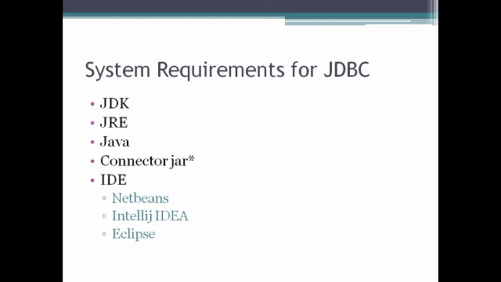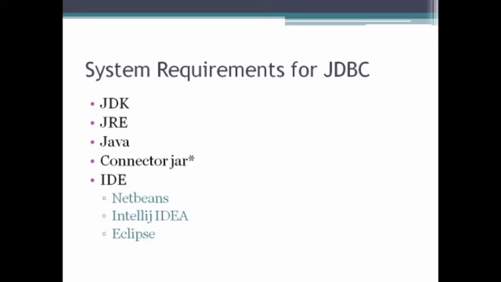The next thing is JRE, which means Java Runtime Environment, which provides you the environment to run Java applications. The third thing is Java itself, and the fourth thing which is necessary is the connector jar. Now what is a connector jar? The connector jar is a jar file which can be used to connect with the database. You have to download these connector jars to run a JDBC application.